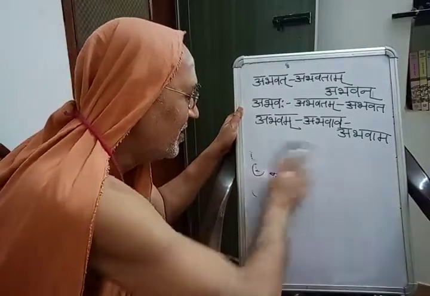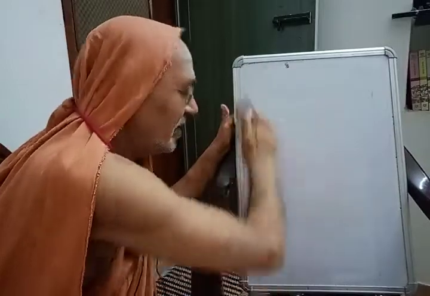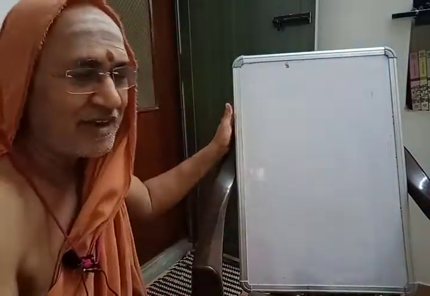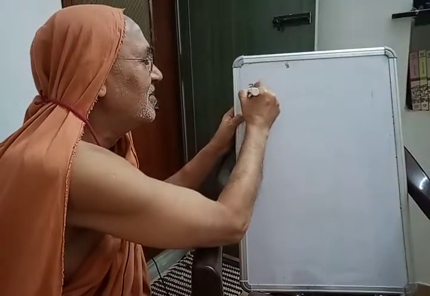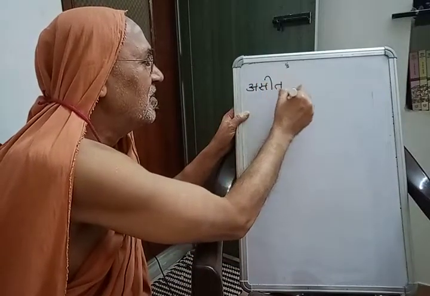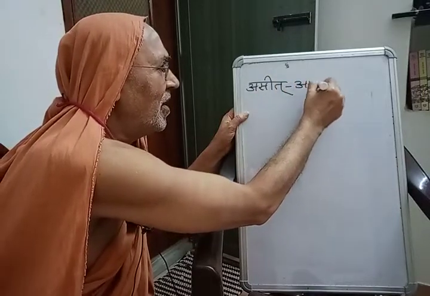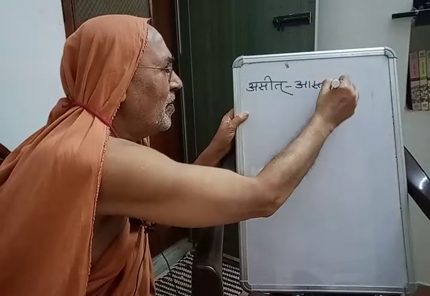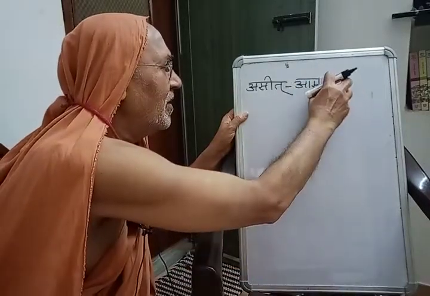Okay? Now I'll tell you. Asit, you can write. Or shall I write here? In the Shabda Manjari, in Dhatu Manjari it is there, but anyway you can note down. First is Asit, it was. He was, she was, it was. Asit. Astam. Asan.